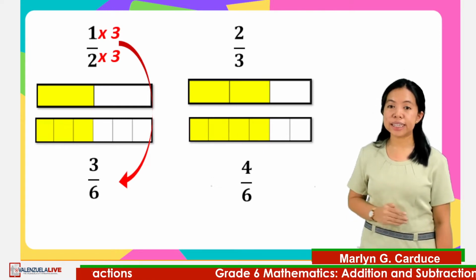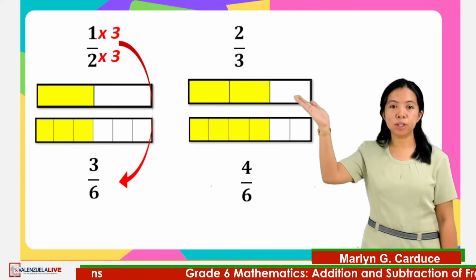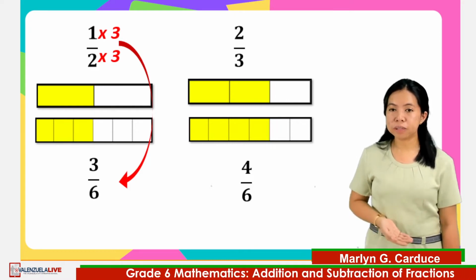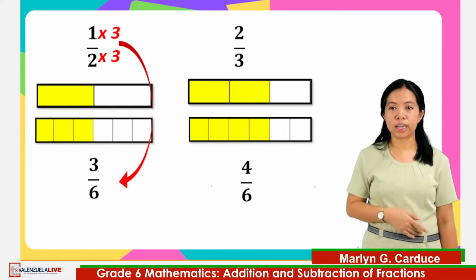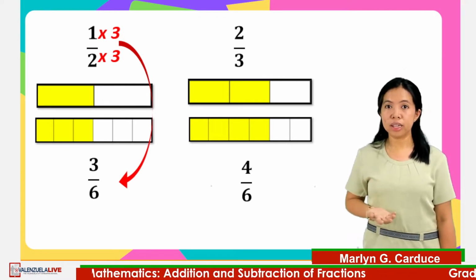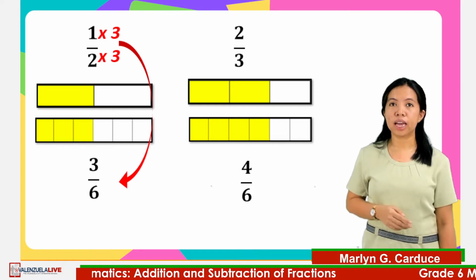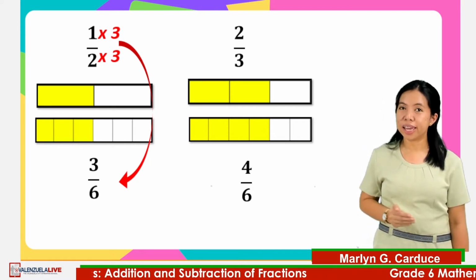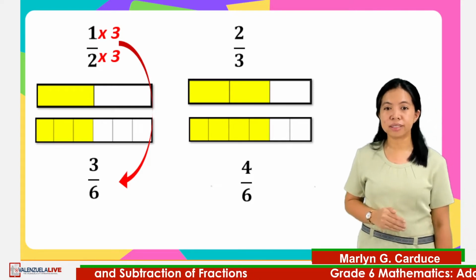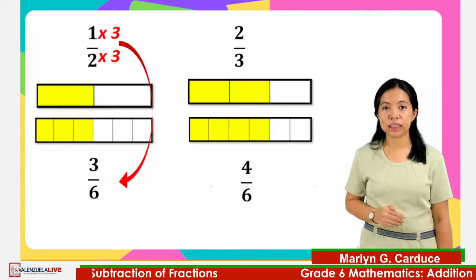It's 3. So whatever number you multiply by the denominator must also be multiplied to the numerator. In 1/2, 1 times 3 equals 3, and 2 times 3 equals 6. So we get 3/6 as its equivalent fraction.